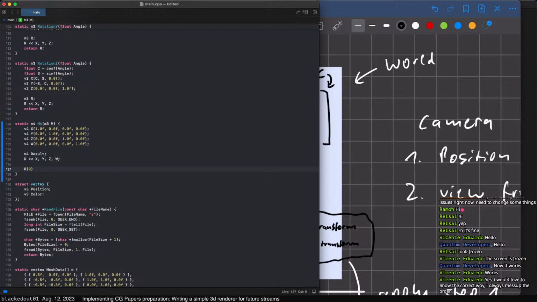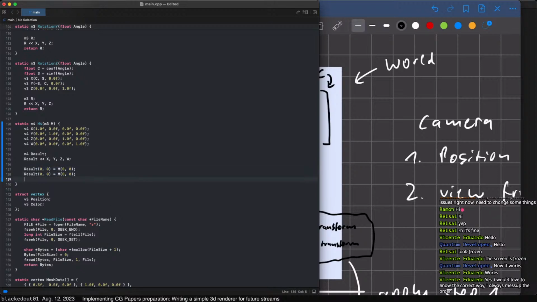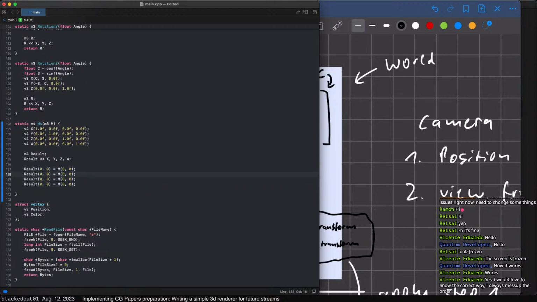But I think we can just use this operator here, because with this operator you can access row and column. I'm not even sure if this is row or column, but we will see. So I want to copy all of these.